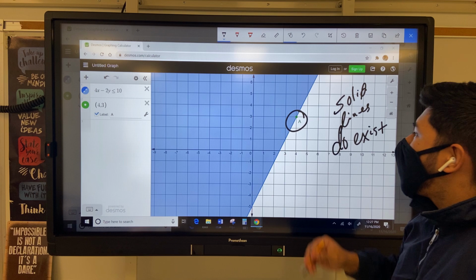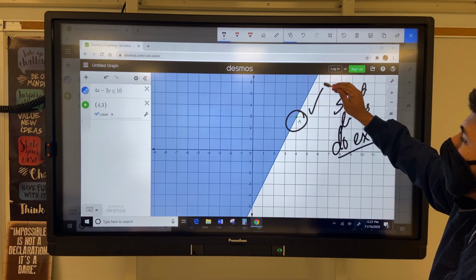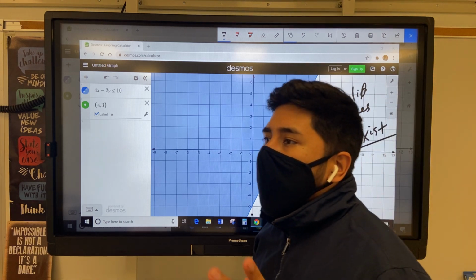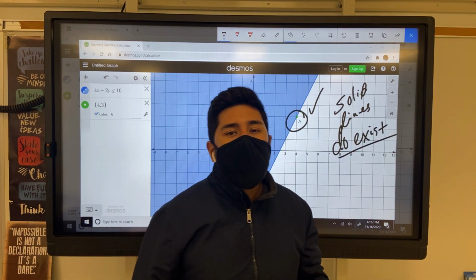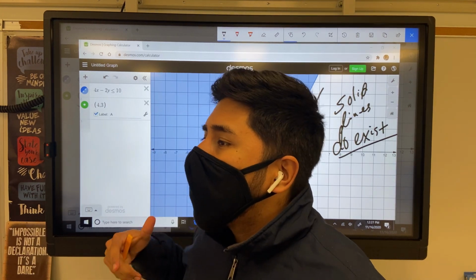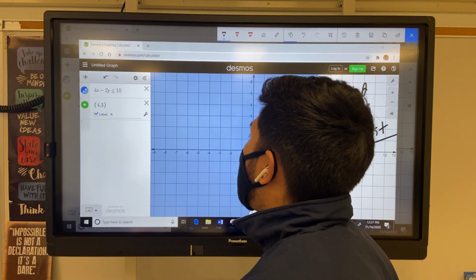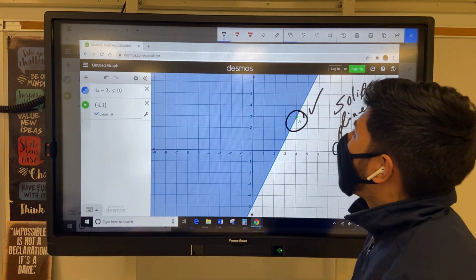They do exist. So since this is on the solid line and they do exist, this is good to go. So if it's a dashed line, it's non-existent. If it's a solid line, it is existent. So just make sure you know that difference, and I'm going to show you a way to check right now in these next two problems. All right.